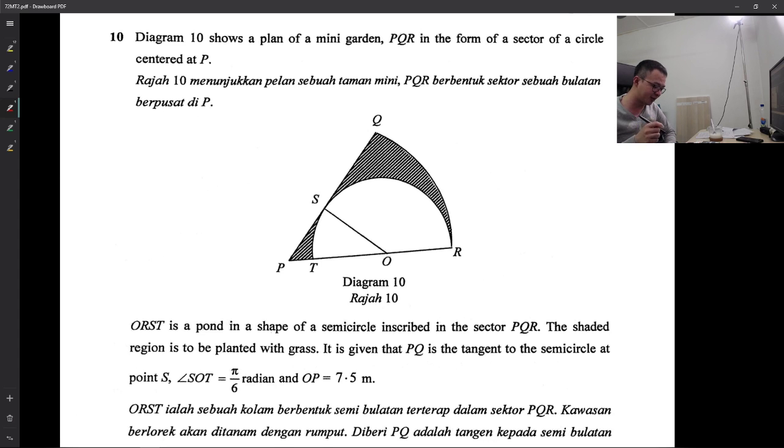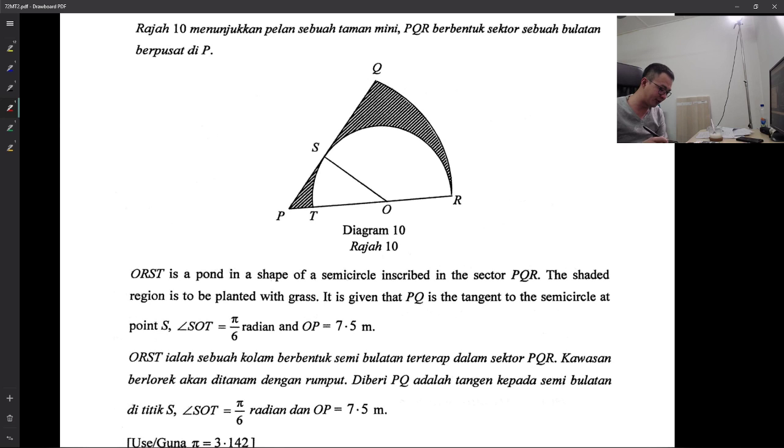The shaded region is to be planted with grass. It is given that PQ is the tangent to the semicircle at the point S. So you have some angle and length here. Let me jot it down. S or T is over here, and this is pi over 6. And we have OP is 7.5, 7.5 here from O to P.